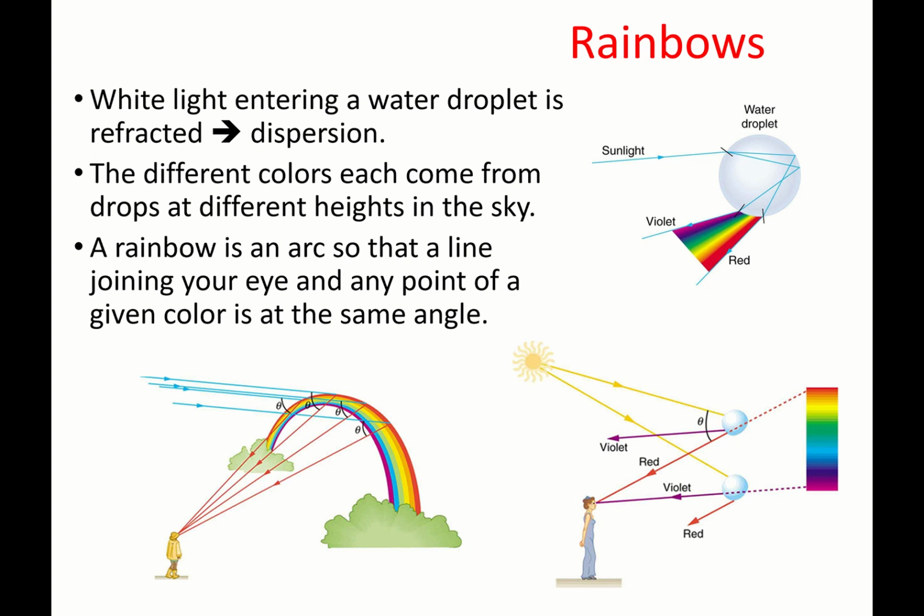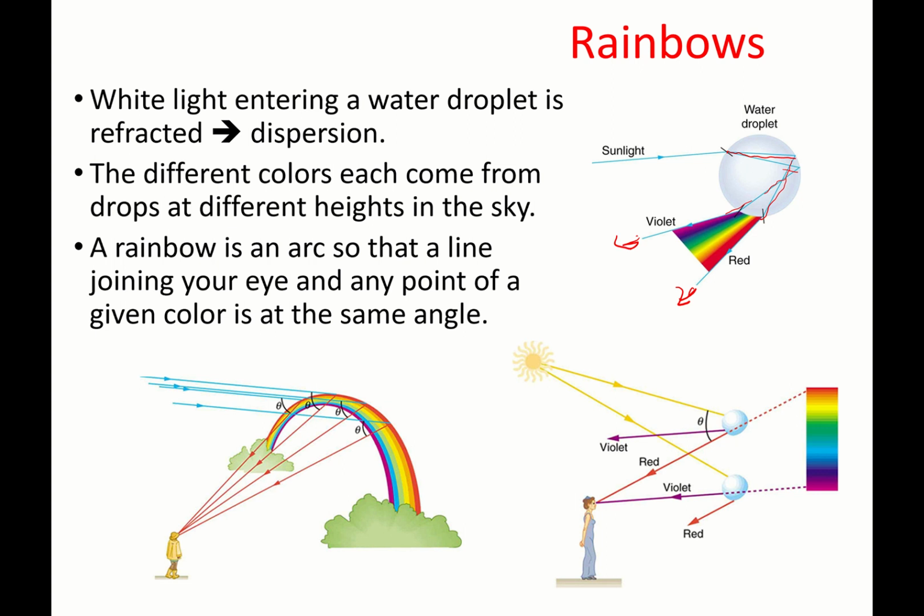If we trace a red light ray, it comes into the water droplet, it's bent slightly, then it hits the other side and reflects and comes out. The blue light is bent more, hits the other side and reflects and comes back out towards you. And so the red light comes out more towards the bottom of that drop, and the blue light comes out towards the top of the drop.